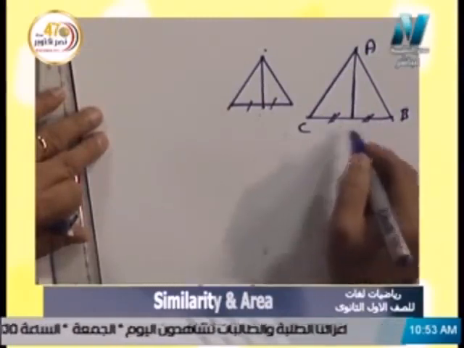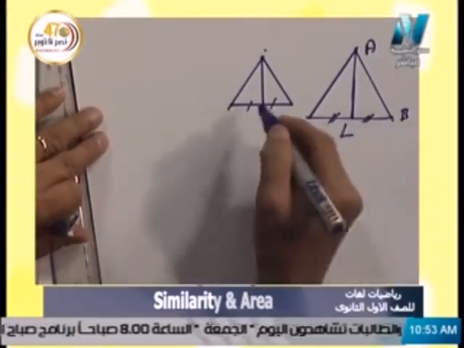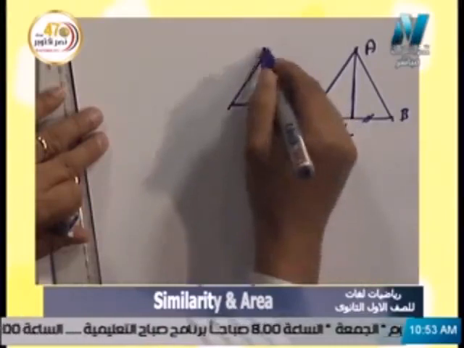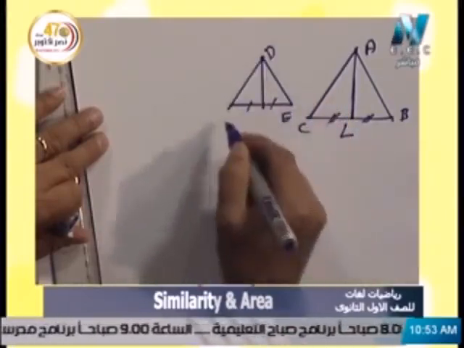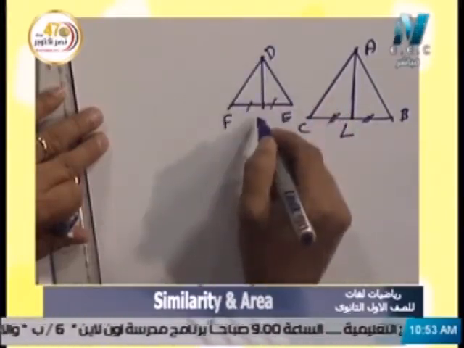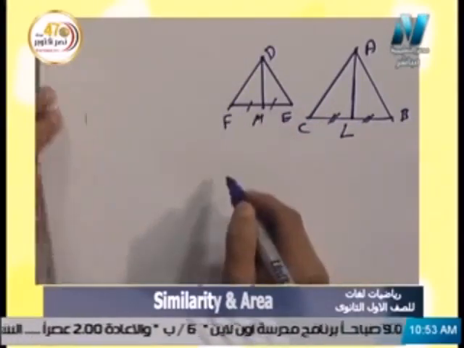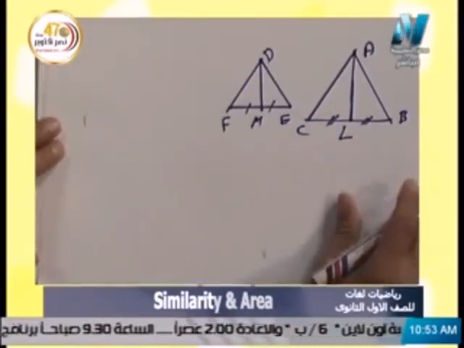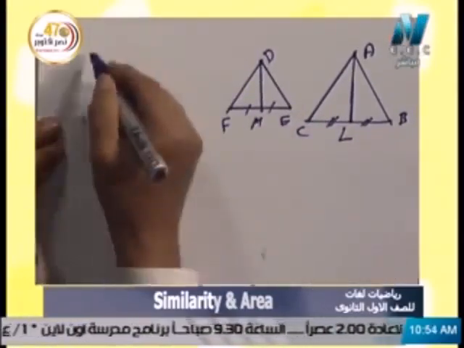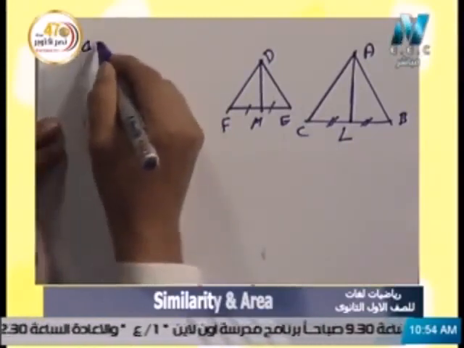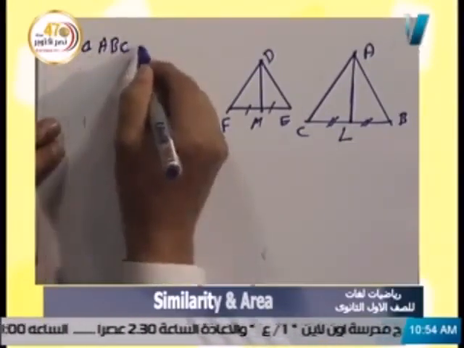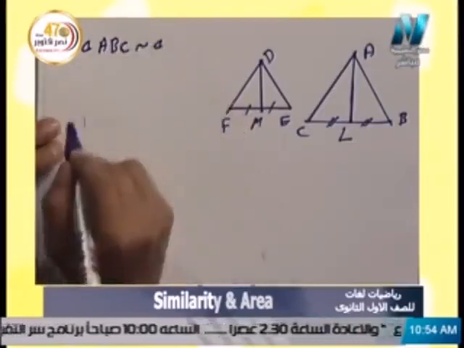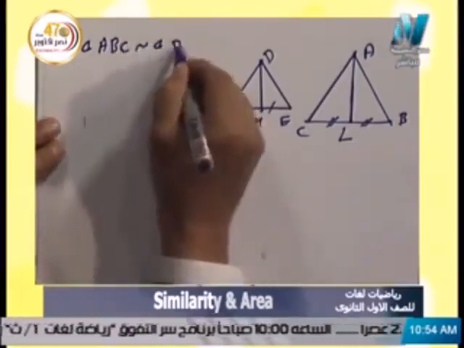and we have L here, and this triangle DEF, and M is the midpoint here, and say that triangle ABC is similar to triangle DEF.